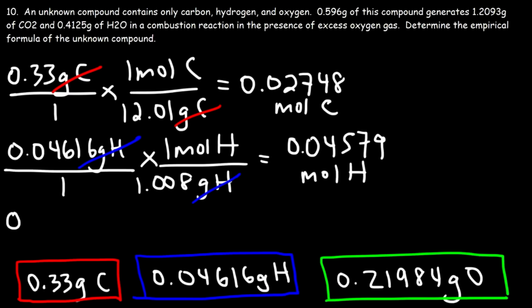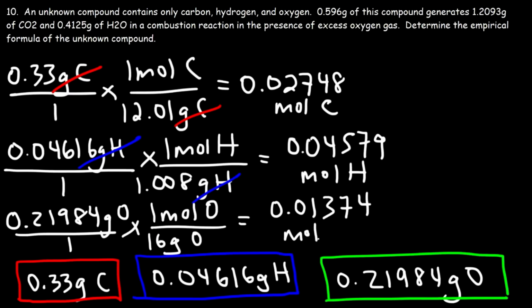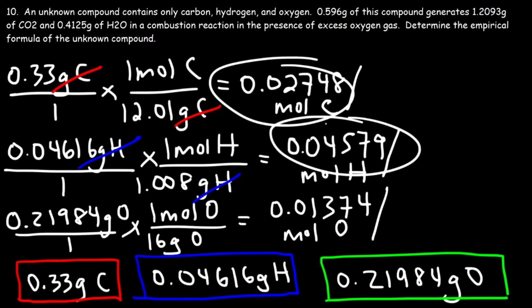Now let's do the same thing for oxygen. So the molar mass of oxygen is 16. And so this is going to give us 0.01374.